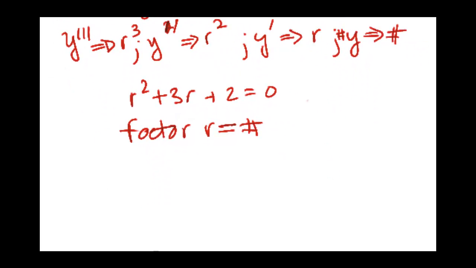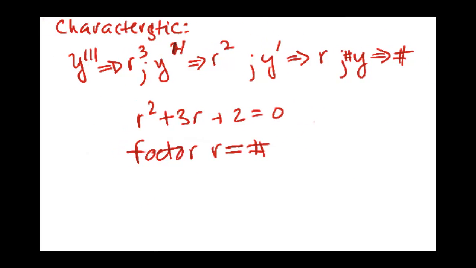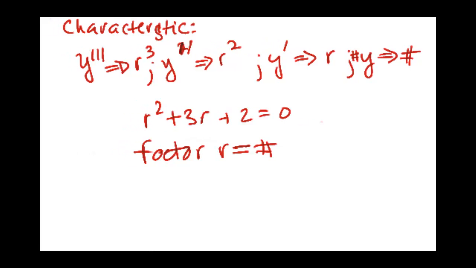Okay, so what do we do from there? Well, we have to come up with a homogeneous solution, and there's a few types, and they depend on your r value answers.